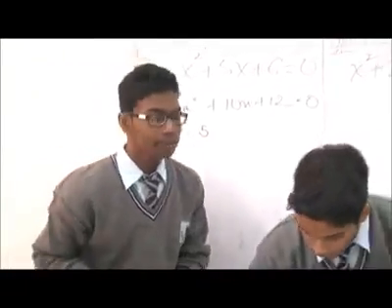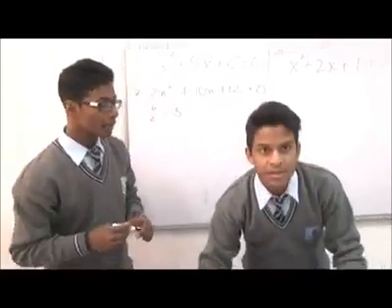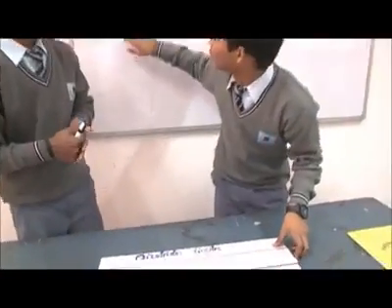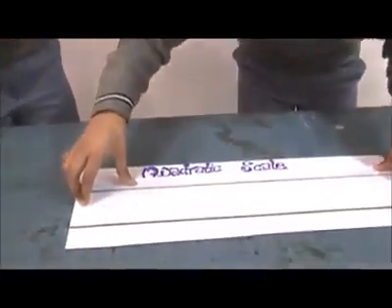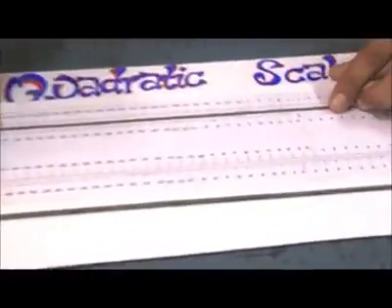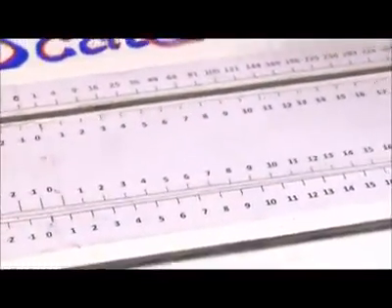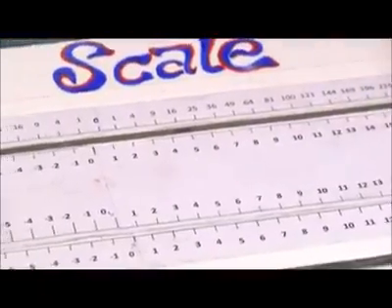Then in the third step, we align the 0 of the m scale with the value of b by 2, which we get as 5. The 0 of the m scale is here.